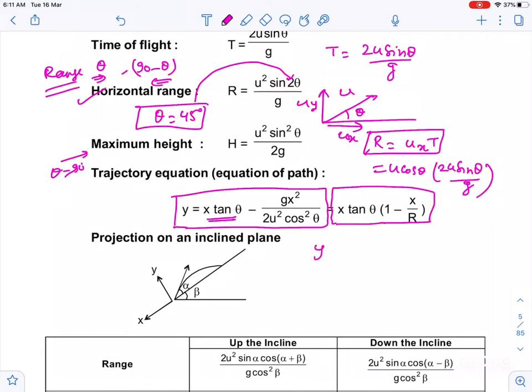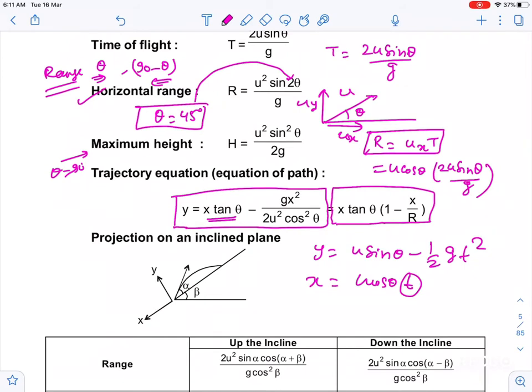You know that y, the y component of displacement, is equal to u sine theta t minus half g t square, and x is equal to u cos theta into t.